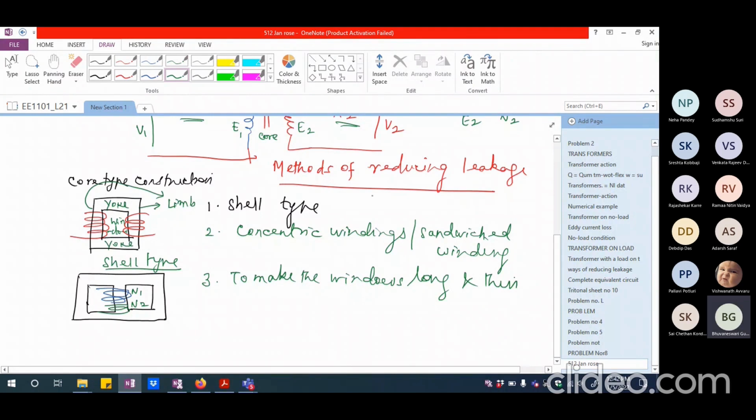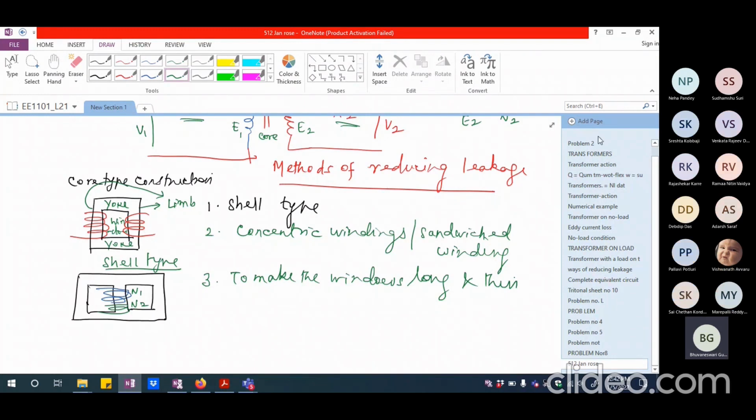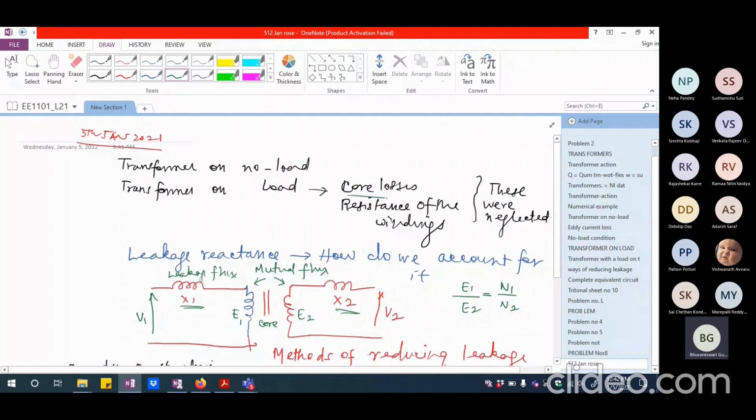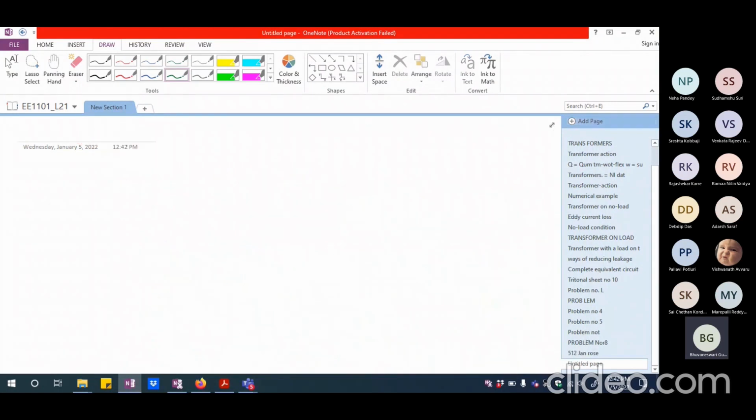Okay. Now that we have looked at the leakage reactance and we have looked at what happens to the transformer on load when you are not considering the core losses or the resistance of the winding, let's now look at all these factors which we have neglected earlier and put them together in the form of an overall transformer representation.